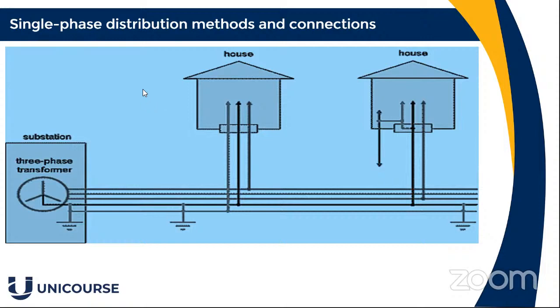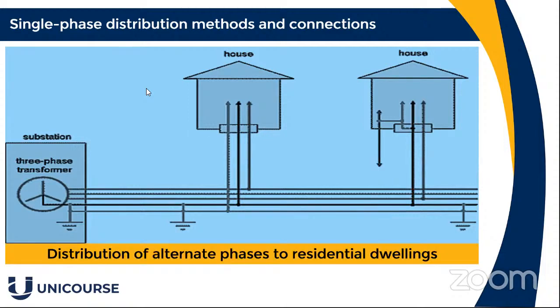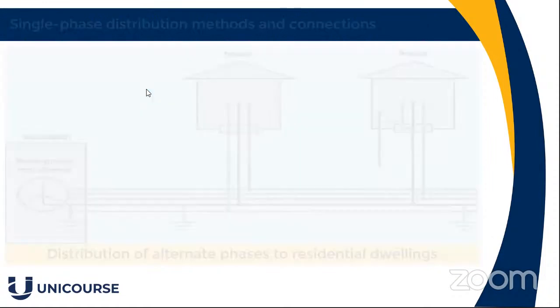If there's a massive campus, they may have three-phase. The universities, colleges, and schools will probably be on three-phase in different parts of the campus, depending on the size of it. If it's a very small village school, that would probably still be on single phase. Well, this is mainly for the domestic side.